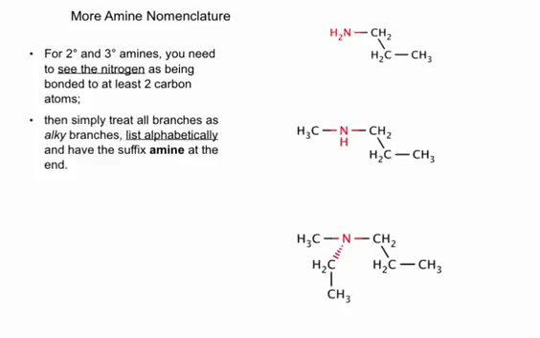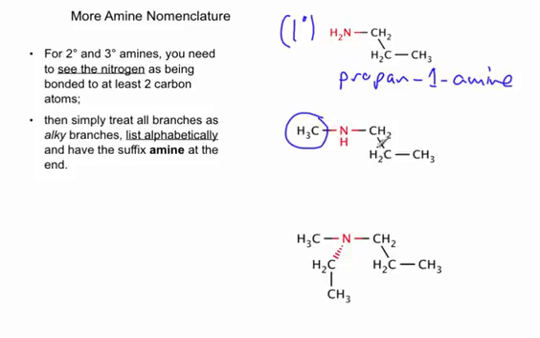Secondary and tertiary amines, the naming is slightly different. We've already seen this one. This was, if you remember, propan-1-amine. So I'll just write that again, propan-1-amine, and it is a primary amine. Well, now we've replaced one of the hydrogens with this ligand. So this ligand is a methyl ligand.